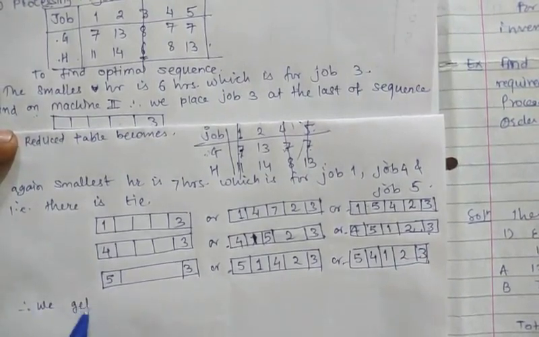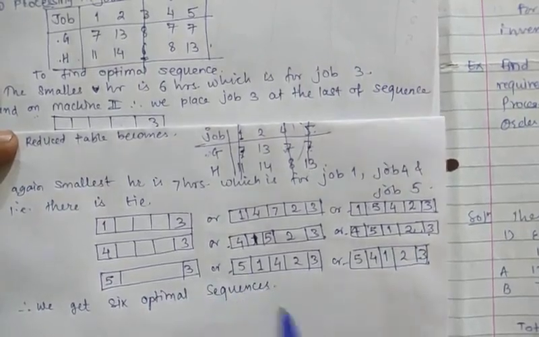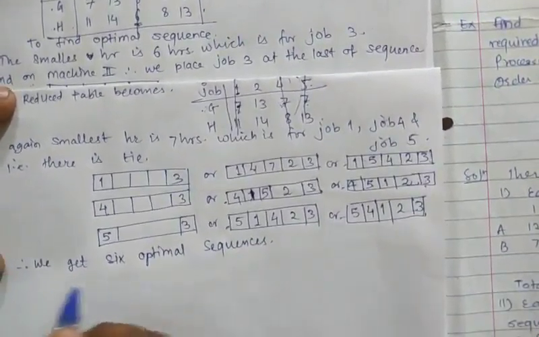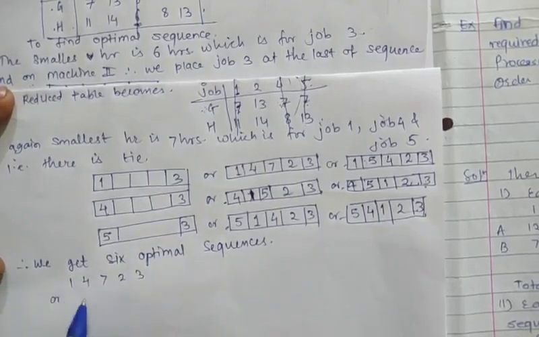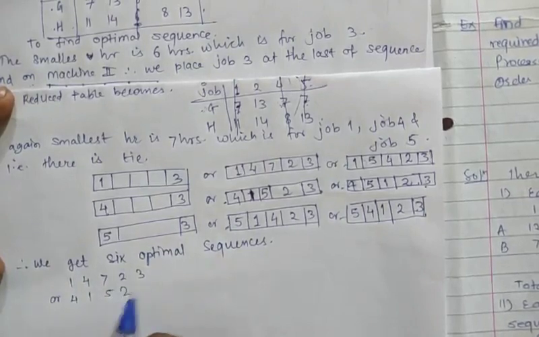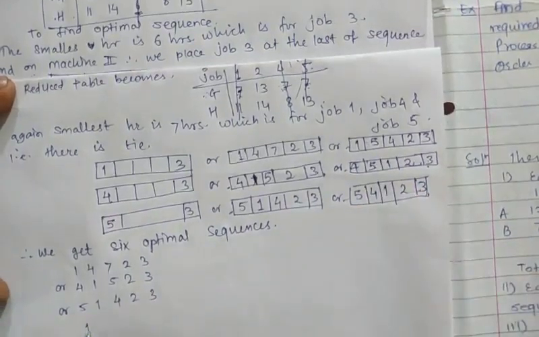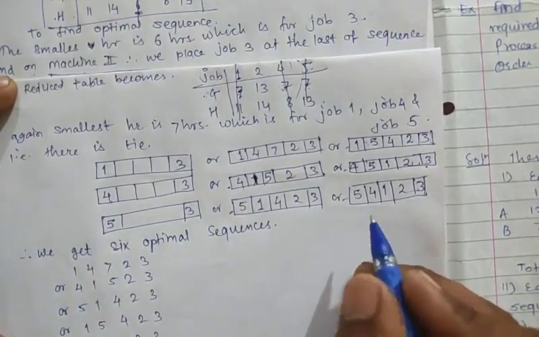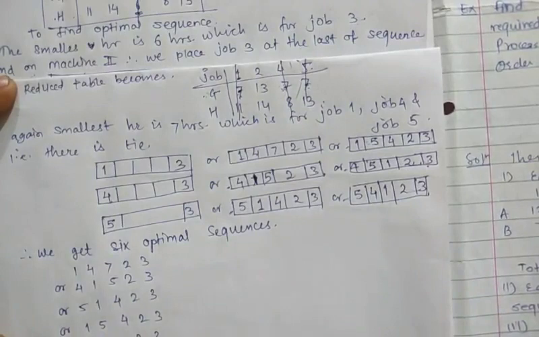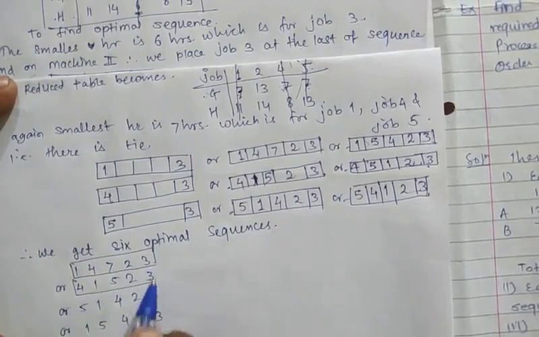They are: 1 4 5 2 3, or 4 1 5 2 3, or 5 1 4 2 3, or 1 5 4 2 3, or 4 5 1 2 3, or last, 5 4 1 2 3. These are the 6 sequences.